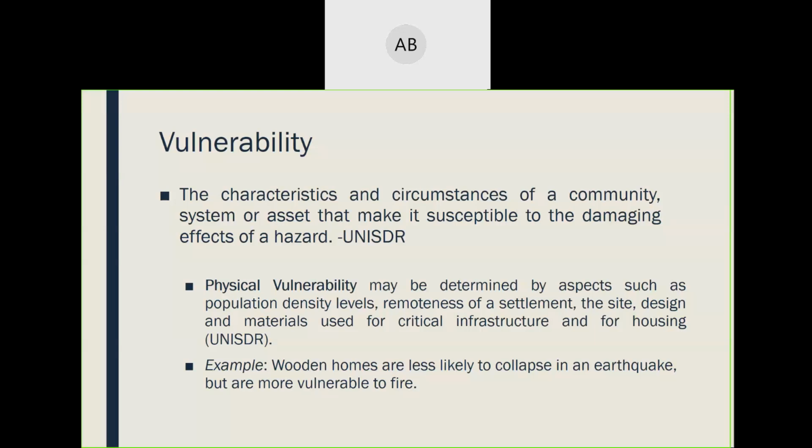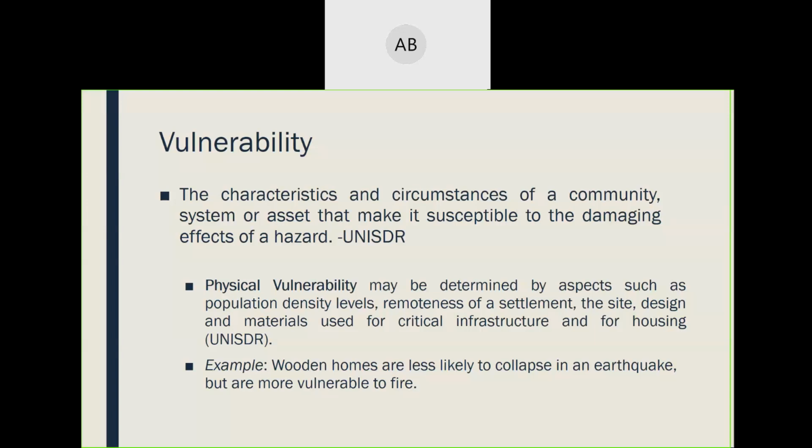But again, if you take some other component of the flood, for example the velocity or the momentum of the water, the RCC house is more likely to sustain a bigger momentum. Even with the same momentum, the RCC house will get less damaged than a house which is other than RCC, or maybe on the other side of the river.